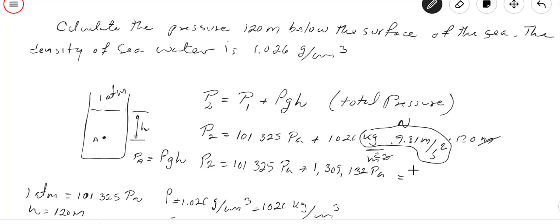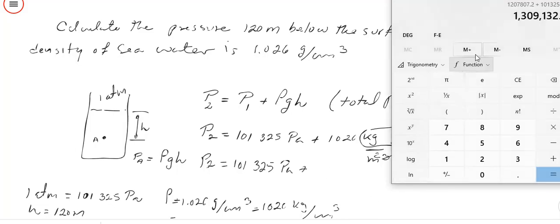Sorry, let me double check here my calculation, whether it includes already the 101. So let me erase this here and let me calculate this again.